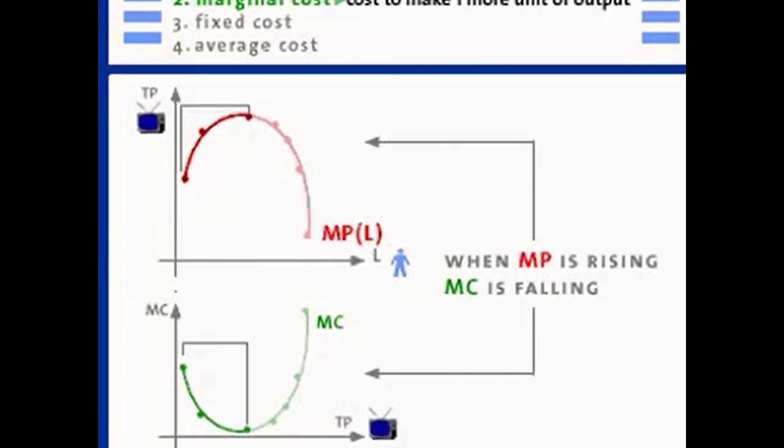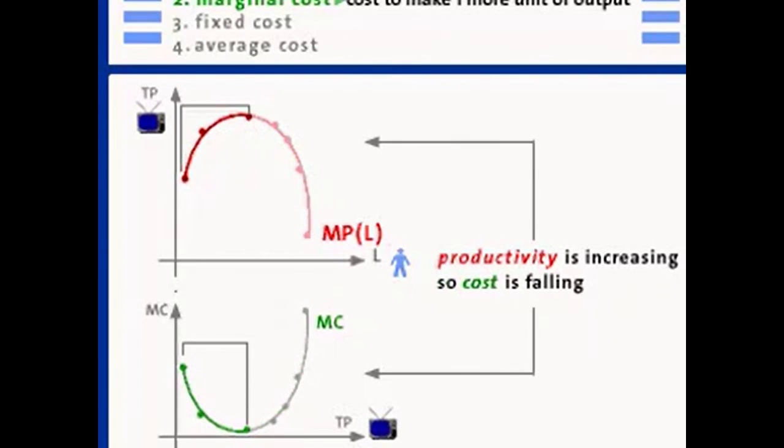In that case, down here, you only have to hire 1 worker to produce a television set, and the marginal cost is at its minimum. As long as productivity is increasing at the margin, cost is falling at the margin. As long as workers can produce more televisions than the workers before, the cost of adding extra televisions to your output keeps falling. But when productivity at the margin begins to fall, then costs at the margin begin to rise.